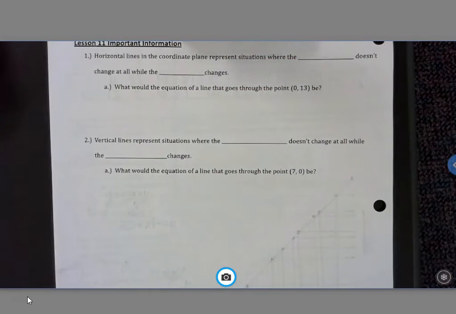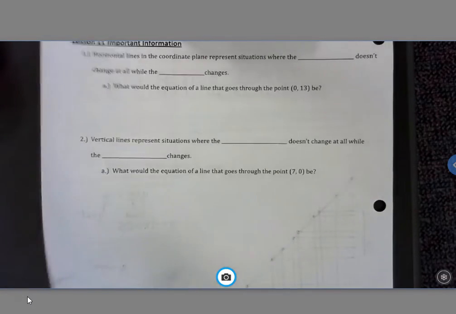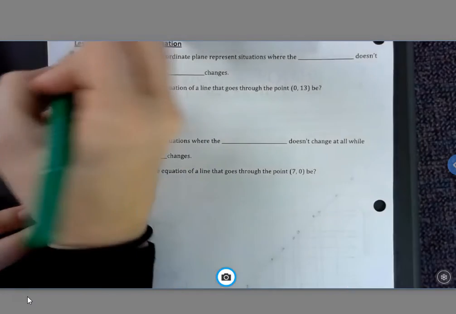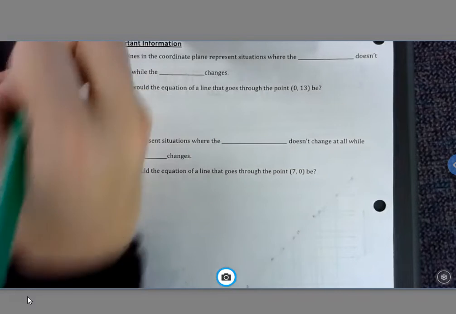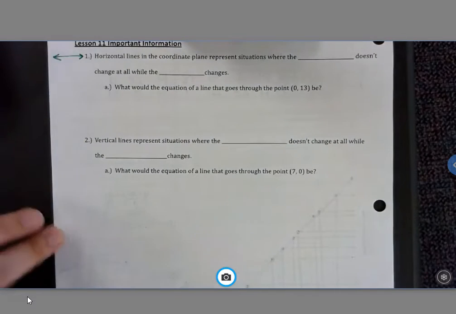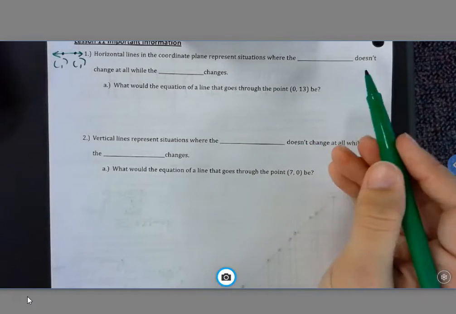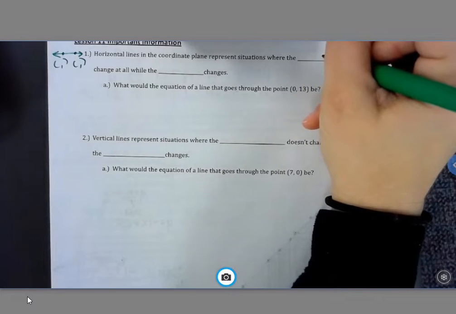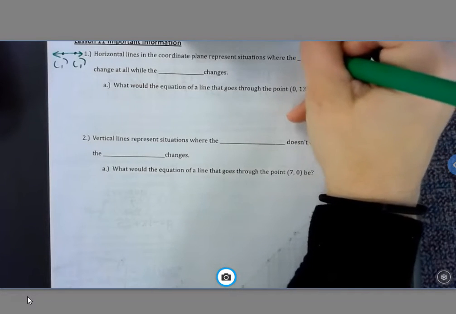All right, so the important information is talking about horizontal and vertical lines. We did that in activity 2 yesterday. So if you need to refer back to this page, that's helpful in this information. Remember, horizontal lines are lines that run horizontal across the graph. They have a slope of 0. On all of our horizontal lines, if we were to write down their ordered pairs, the one number that doesn't change in the horizontal lines is the y value.